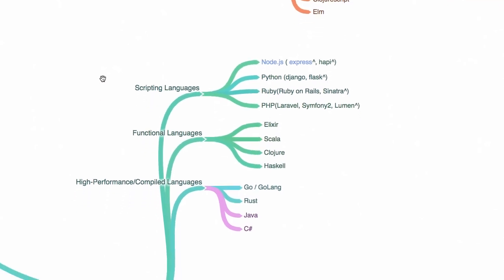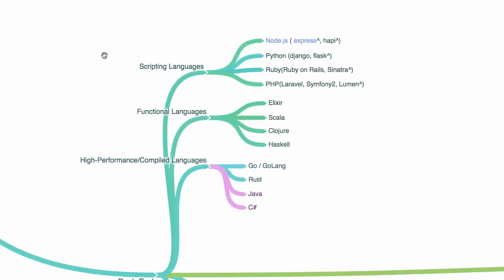And then if you're looking to level up, if you're looking to challenge yourself, stretch yourself, don't pick a second scripting language. Pick something that's of a different paradigm, either a functional language or more of a high performance compiled world. So if you know Node already, don't go and move over to Python. Go to something over here on the functional languages.